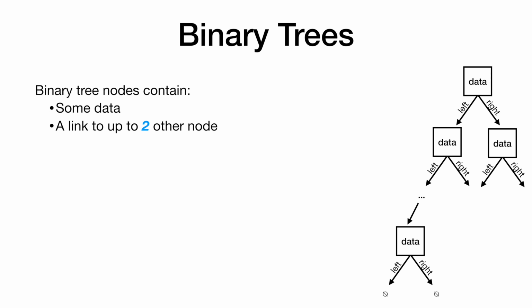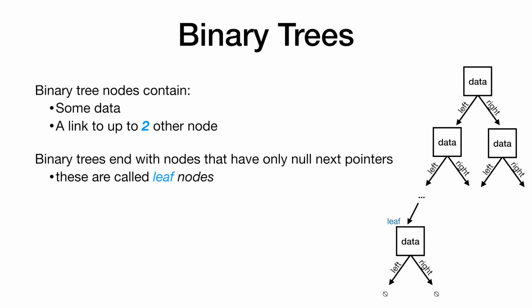So binary trees, just like linked list nodes, contain some data, but now they have a link to up to two other nodes. So here's the beginning of our tree, and he has a link to a left piece of data and a right piece of data. And those each have a link to either the left or the right.